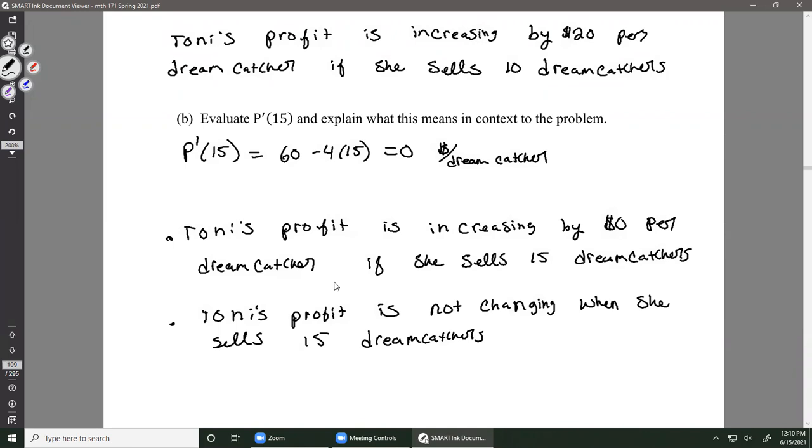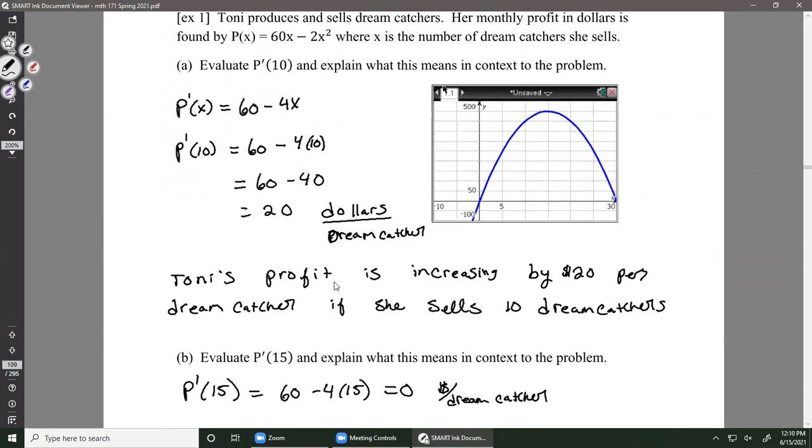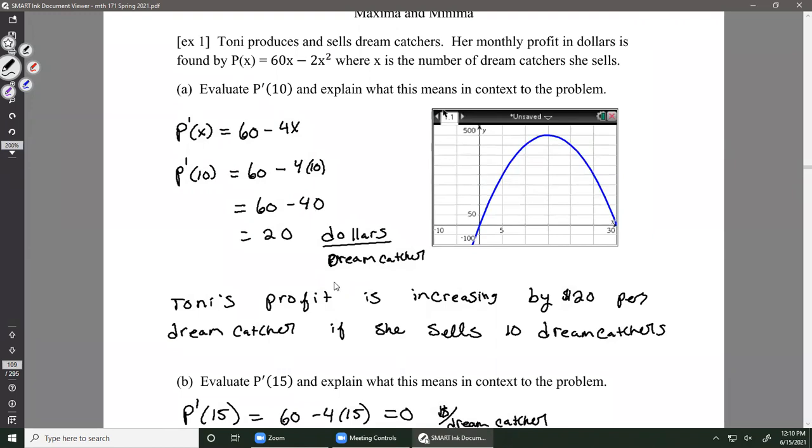So if we go up to the graph, before when we had 10 dream catchers, we were looking right here, and that was the tangent line we were looking at. At 15, and you can see it has a positive, so she's gaining, the more dream catchers she sells at this point, or if she sells another dream catcher, she's gonna gain more money.